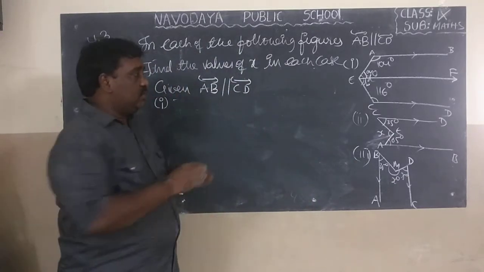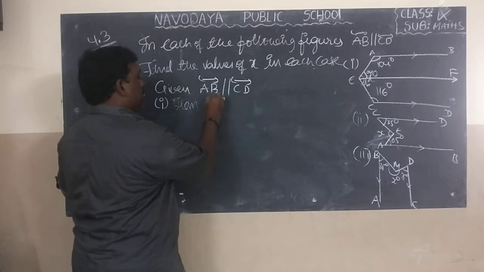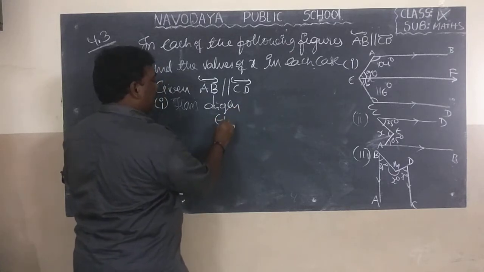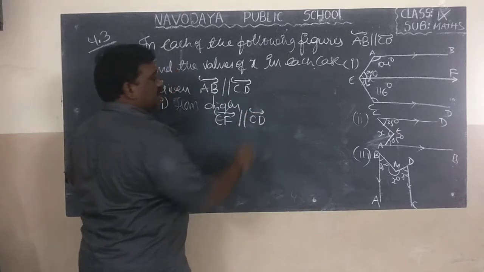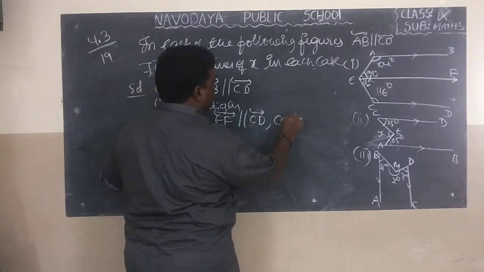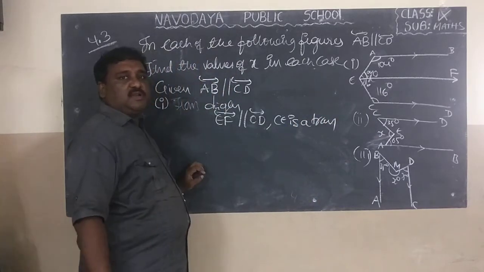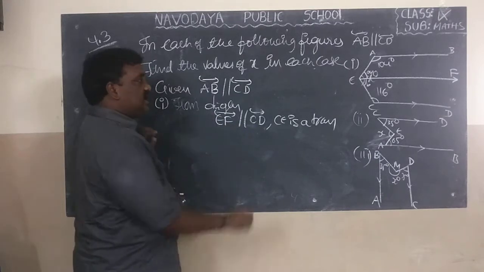So from the diagram, EF parallel CD, comma CE is a transversal.